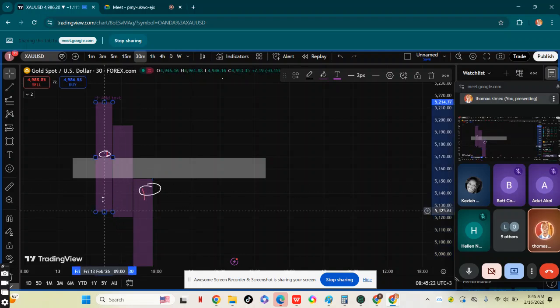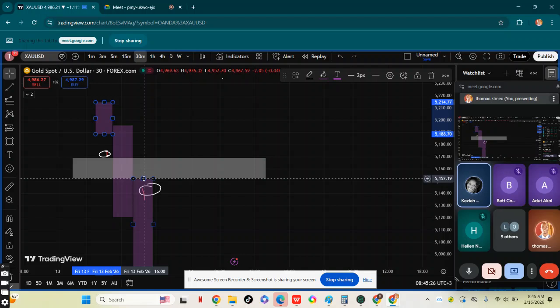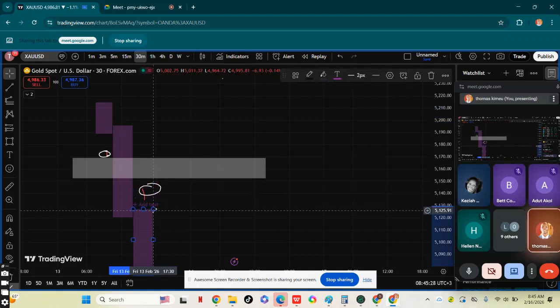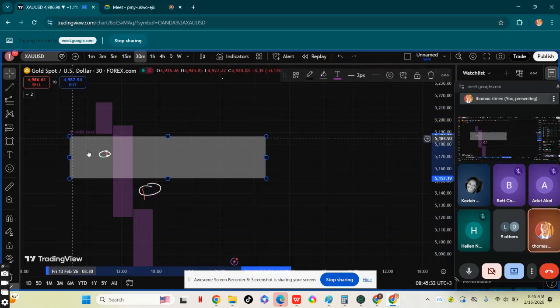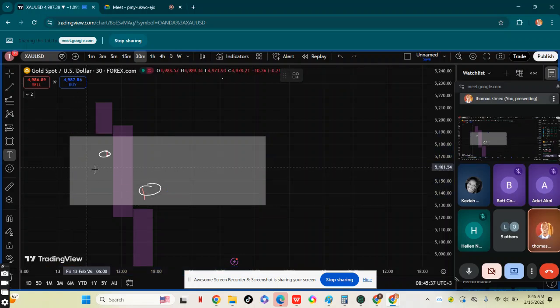But in a scenario where this wick and this wick here are not connected, you can see there is a very big gap between them. That is what we call a fair value gap. If people write something like this, FVG. Are we together? That was a bearish one.